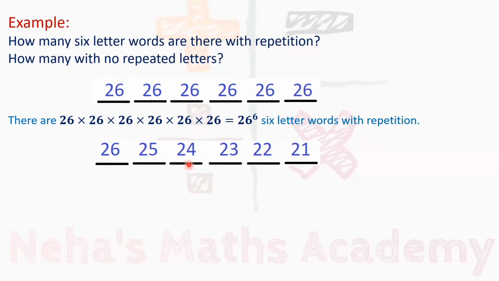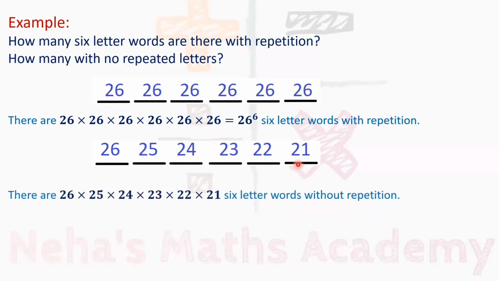So there will be 24 choices for the third place, 23 for the fourth, 22 for the fifth, and 21 choices for the sixth place. So by the multiplication principle, there are 26 into 25 into 24 into 23 into 22 into 21 6-letter words without repetition. Next example.